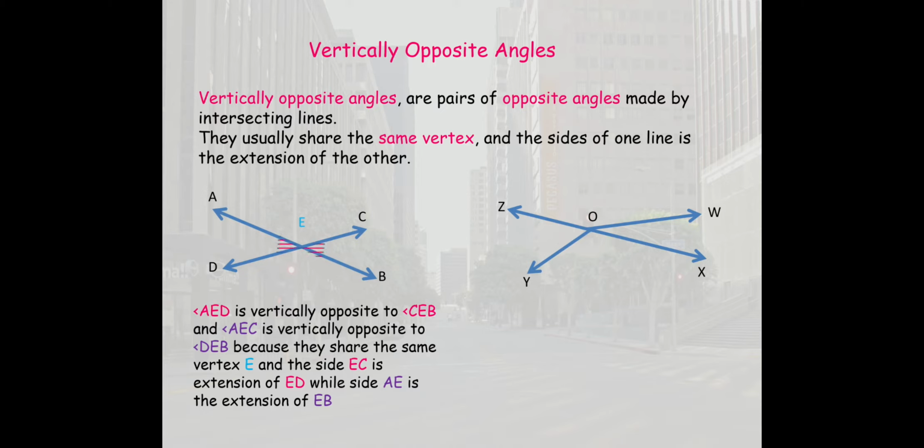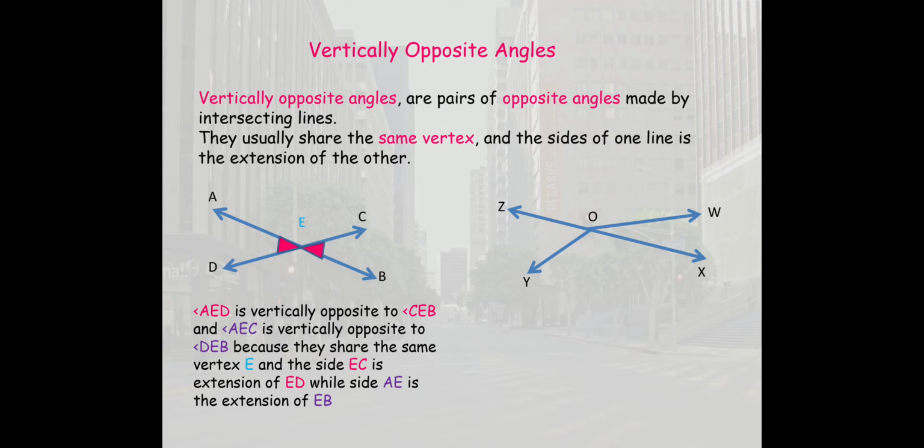And so here you can see them, angle AED and angle CEB, they are vertically opposite because they share the same vertex E, and the side EC is the extension of ED.